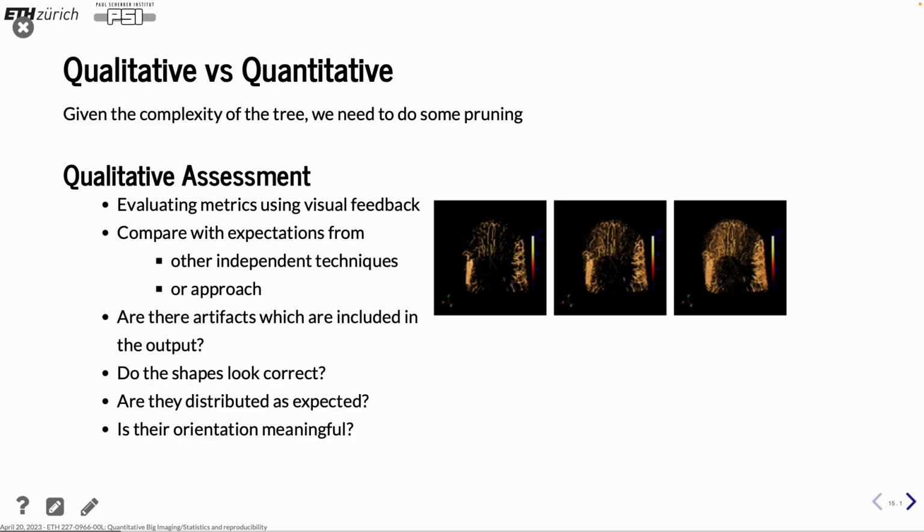You can say, okay, this segmentation gives me realistic shapes. Great, then I can go on in that direction. Of course, to really prove that it is good, you have to start doing statistics around it and quantifying. But the first threshold to say reject or continue is easily done with these qualitative assessments.